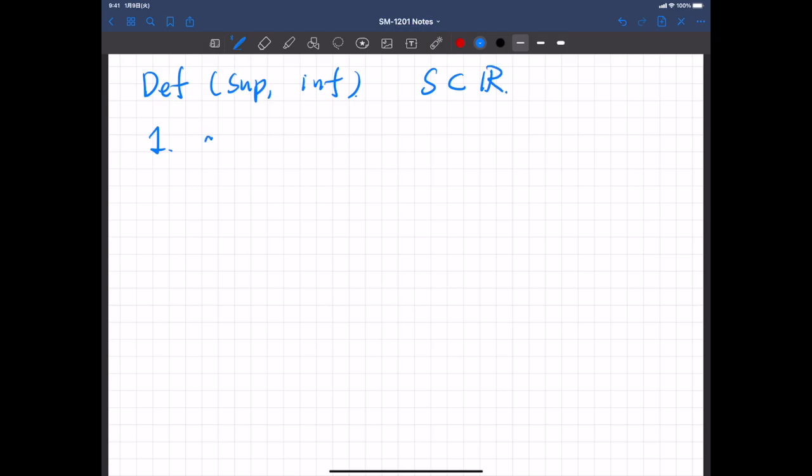A real number A is the supremum of S if the following two conditions are met.